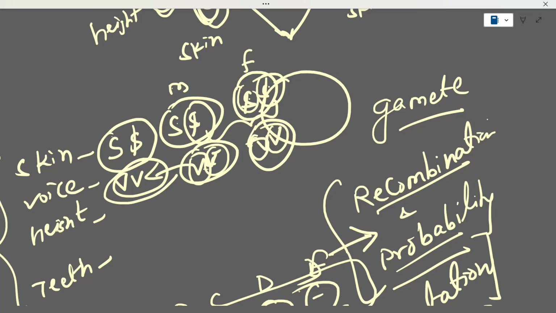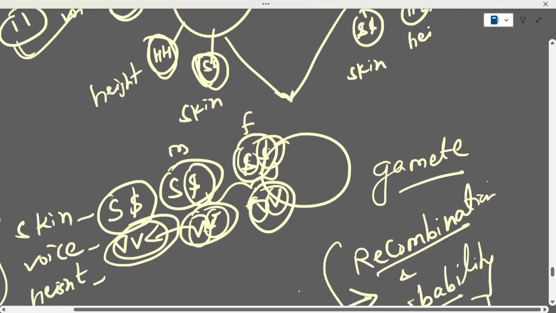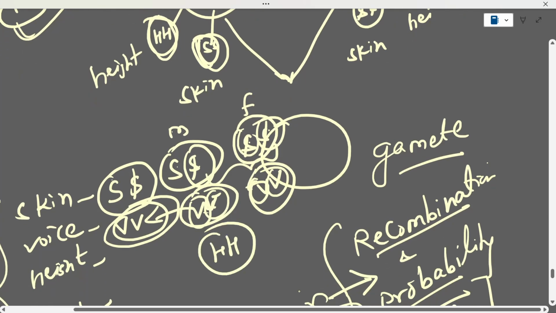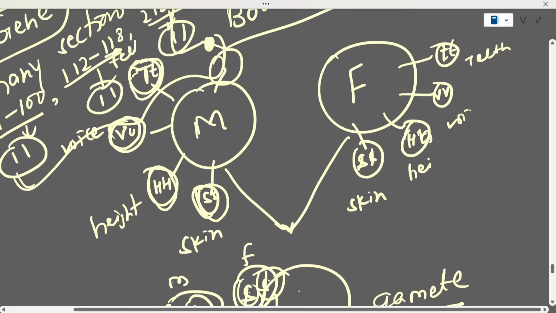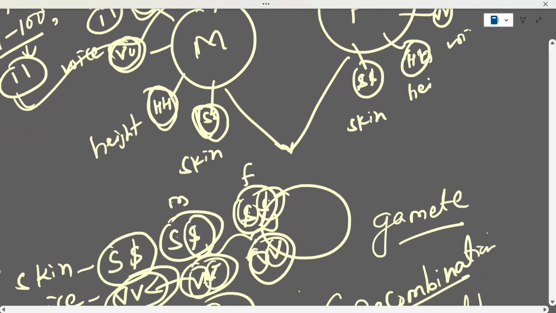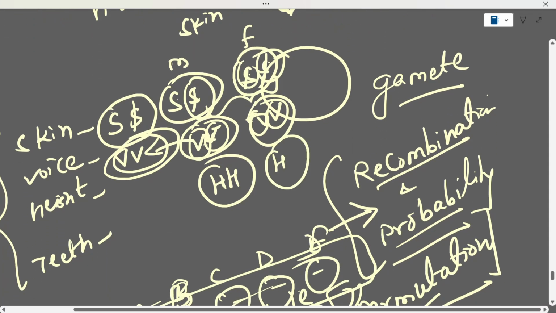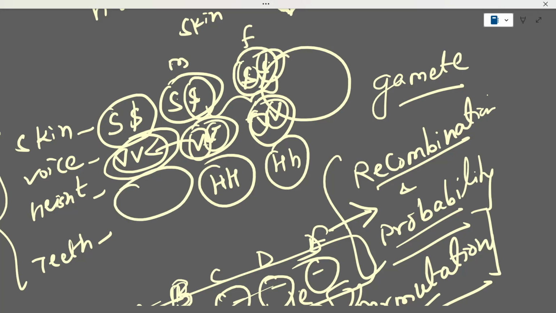So this will be the structure of alleles inherited in the offspring. In the same way, in case of height, the mother carries two dominant variants, and the father carries one dominant and one recessive. So meiosis will inherit one dominant from the mother and one dominant from the father.